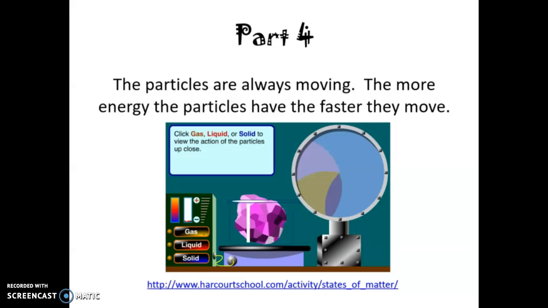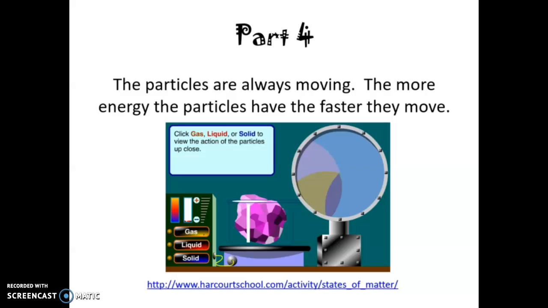When it's in a solid state, it's ice. It's pretty cold. If you give it more energy, you give it more heat, you're going to start speeding up those particles in that ice until they have enough speed to break out of that solid state and move around like we saw in the last slide.